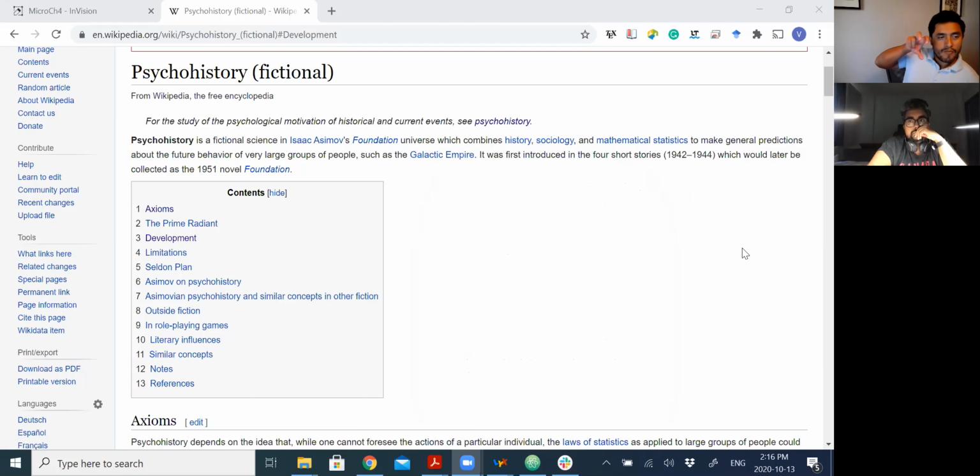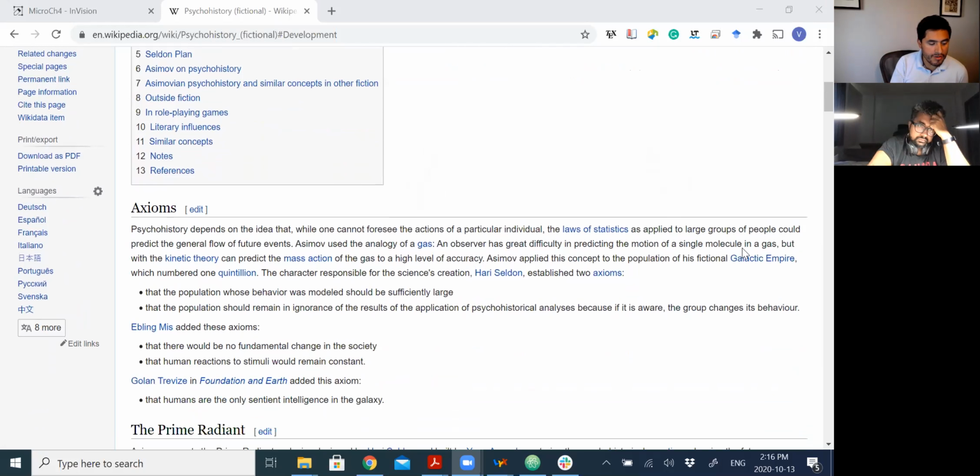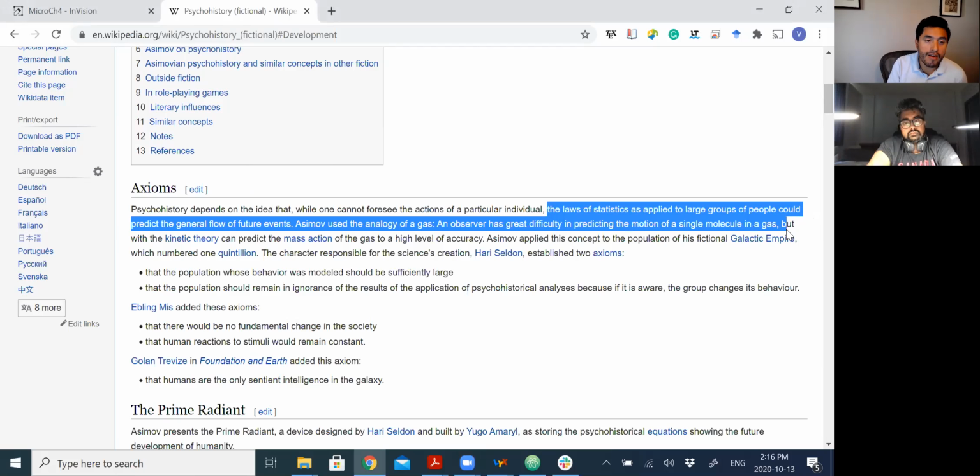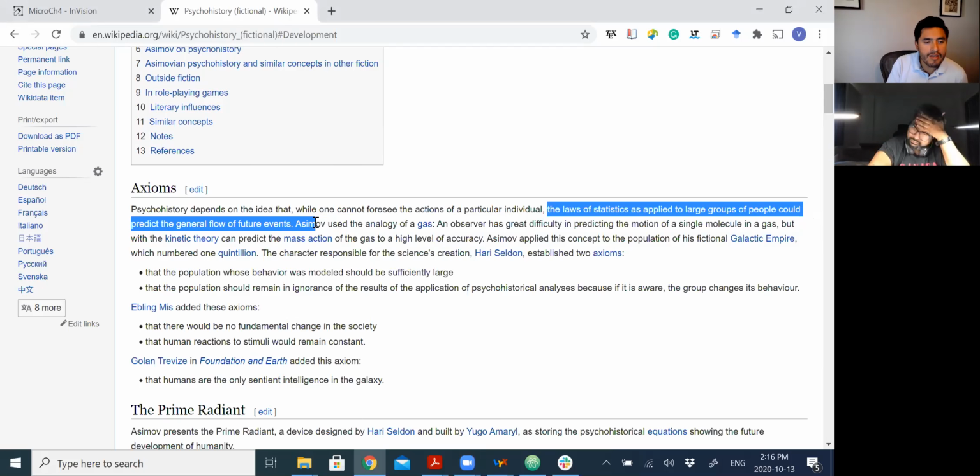That's the key, right? I think that's the key idea, and that's why I'm going to psychohistory. I'm going to read you the axioms of psychohistory. This idea by this sci-fi science basically says that one cannot foresee the actions of a particular individual, but the laws of statistics as applied to large groups of people could predict the general flow of events. So basically, Asimov is thinking as a physicist, right?